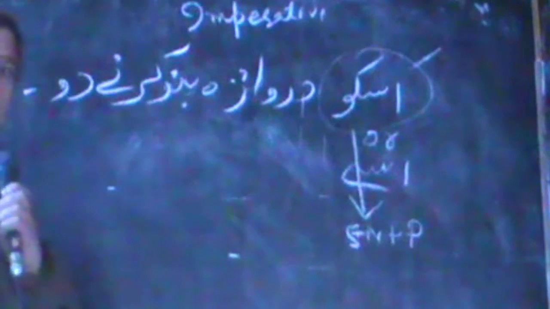Usko is a subject or noun, or a pronoun. It can be a subject like Rashid, or any noun, or a pronoun like usne, usko. This is the case of one of the pronouns. We have different cases, like subjective cases and objective cases.